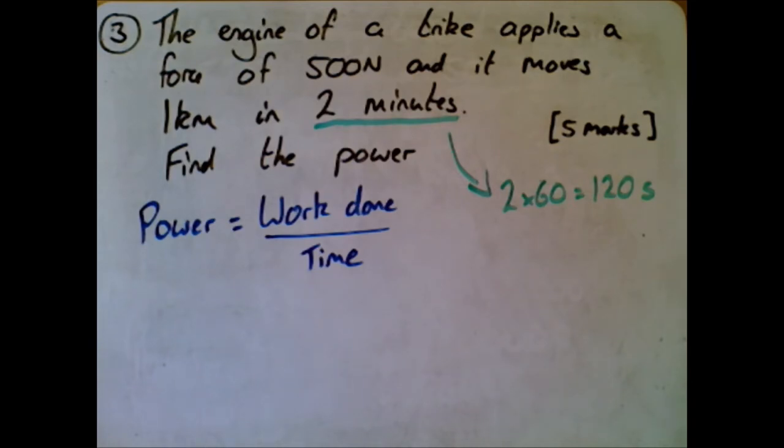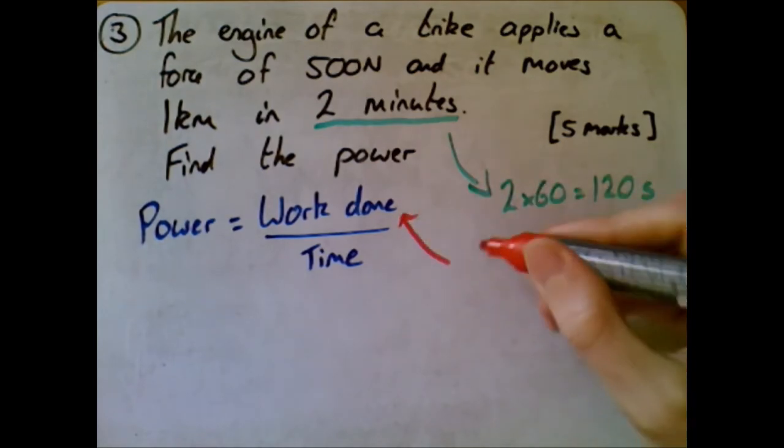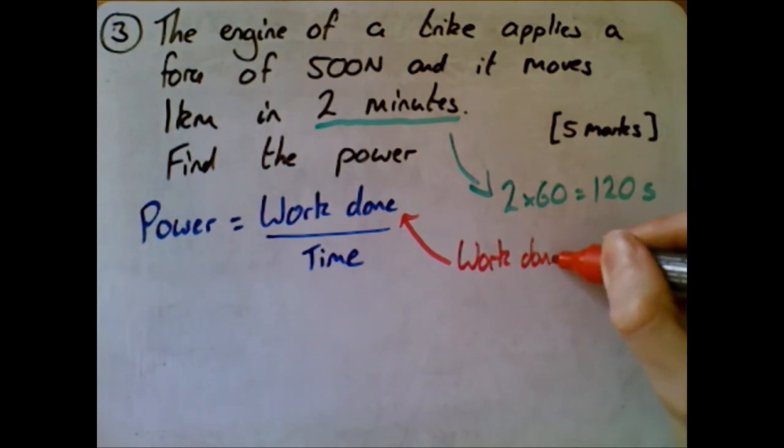Can we find the work done? Now, it's quite hard to lay this out clearly, but let's just have a think about work done. Well, we had a formula from the last video for work done. Okay, work done is force times distance. And actually, we do have both of those things.